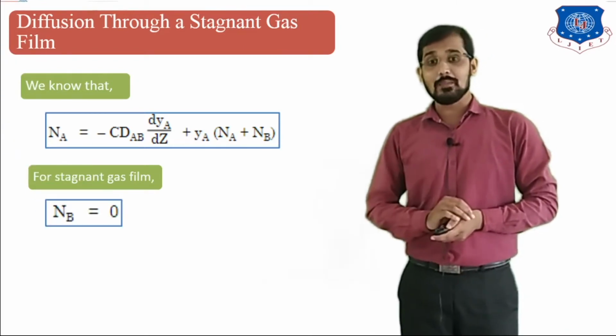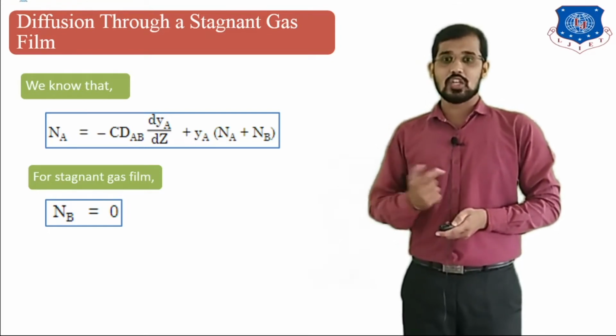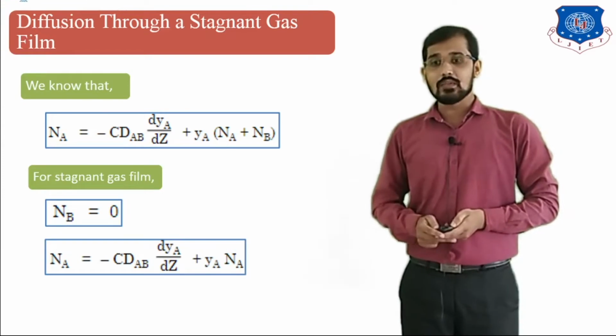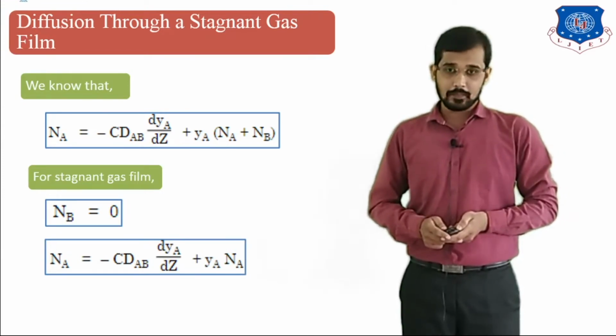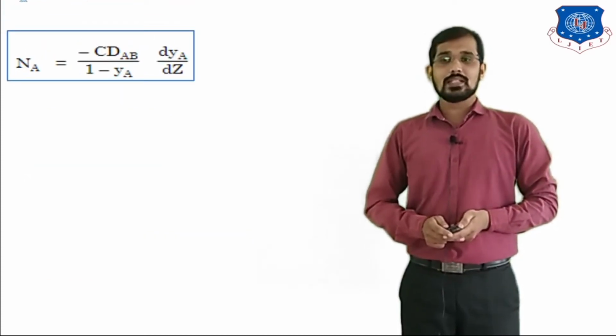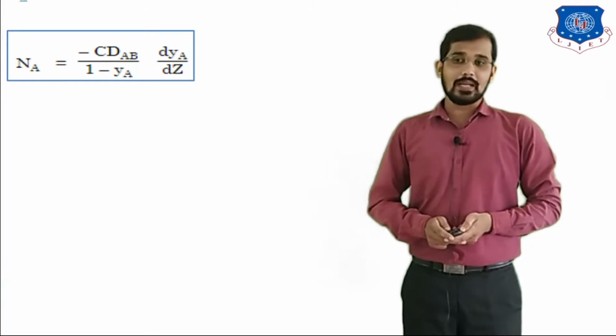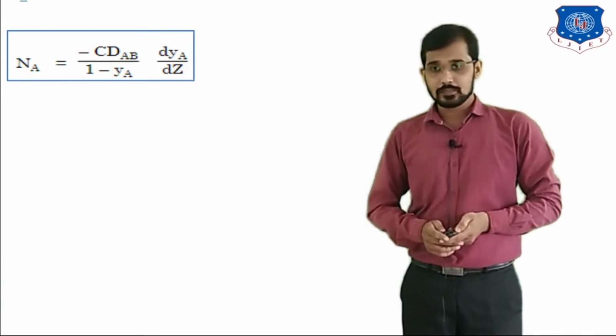So I will take NB = 0. Just put NB = 0 in the previous equation. So you will get NA = -C D_AB dY_A/dZ + Y_A NA. After that, NA = -C D_AB/(1 - Y_A) dY_A/dZ. This is the molar flux for component A.